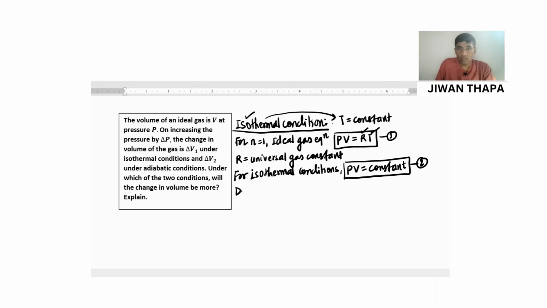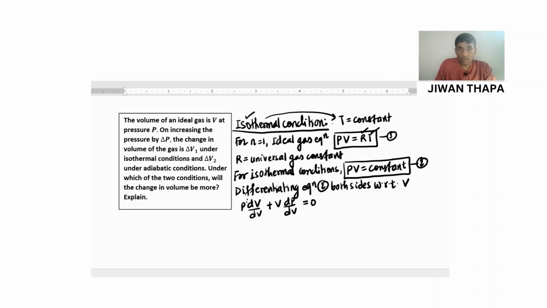Now, differentiating equation 2 on both sides with respect to volume. We can also differentiate with respect to pressure. So we write P dV by dV plus V dP by dV equals 0.